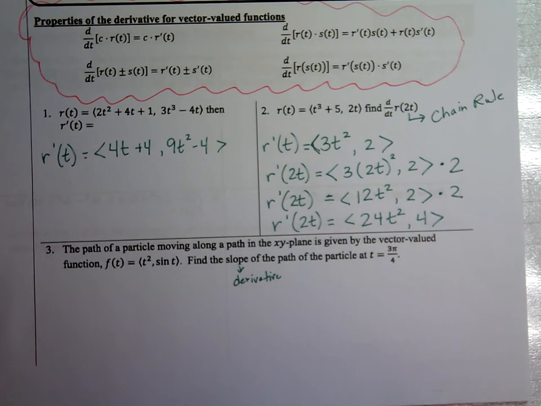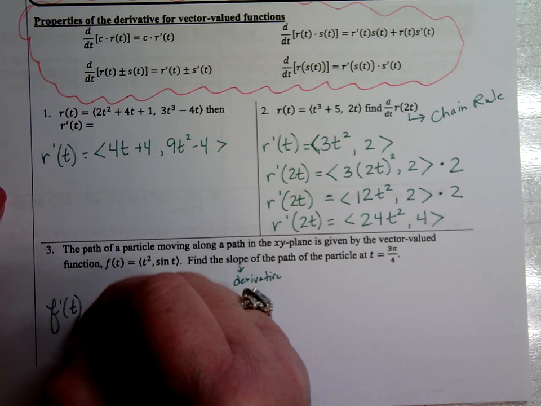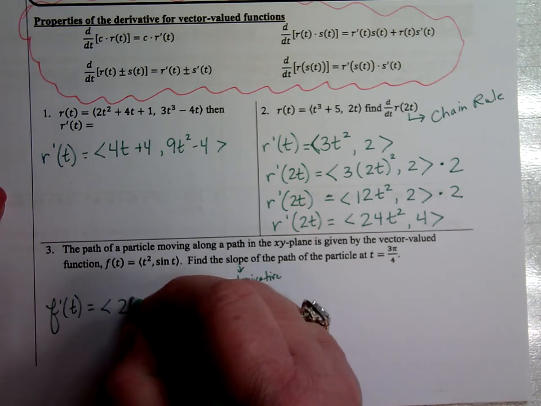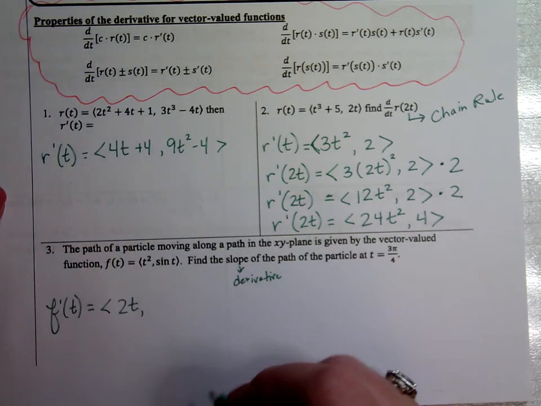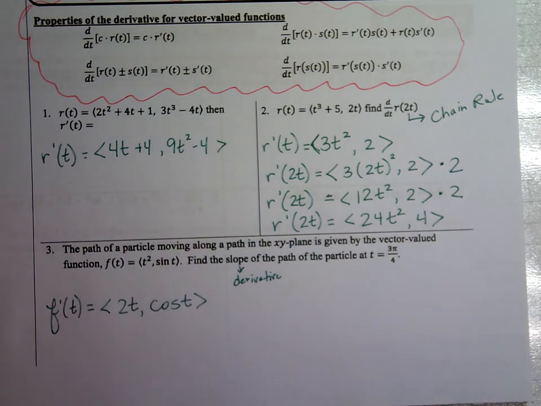All right, if that's the case, then I have to find the derivative of this thing. So let's find f prime of t. F prime of t: 2t, derivative of sine is cosine. Cosine of t. There it is. That's not bad, right?